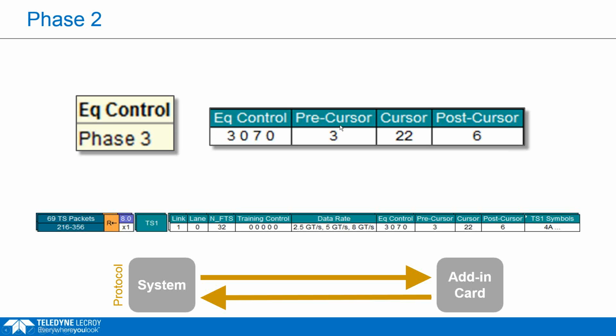And at the same time, it's going to reflect the settings, the cursor settings in this case, that it wants the system to use for its transmit equalization from now on. So these are the settings that we went through that whole process for, these are the settings that I like best, I want you to use these settings from now on. It's also picked its own receiver equalizer settings as well, but it doesn't need to advertise those because that's set in the add-in card and not in the system.